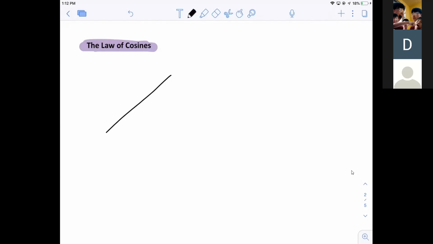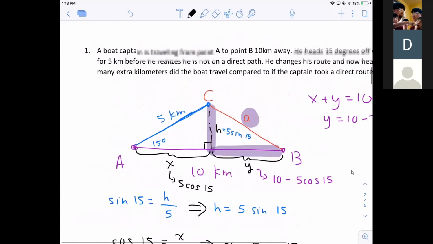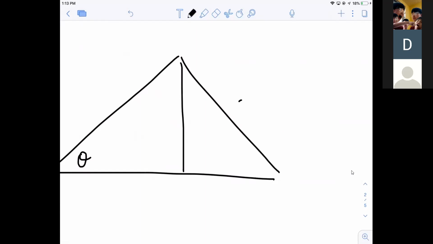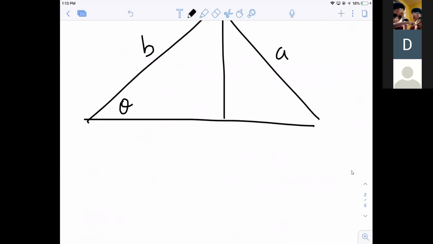So I'm going to draw pretty much the same triangle as before. Right? And we started with this angle. Let's call it theta this time. Right? I'm going to be using letters for all of the values we had earlier. So again, let's try to find this length of a. And we were only given these lengths, B and C. All right?